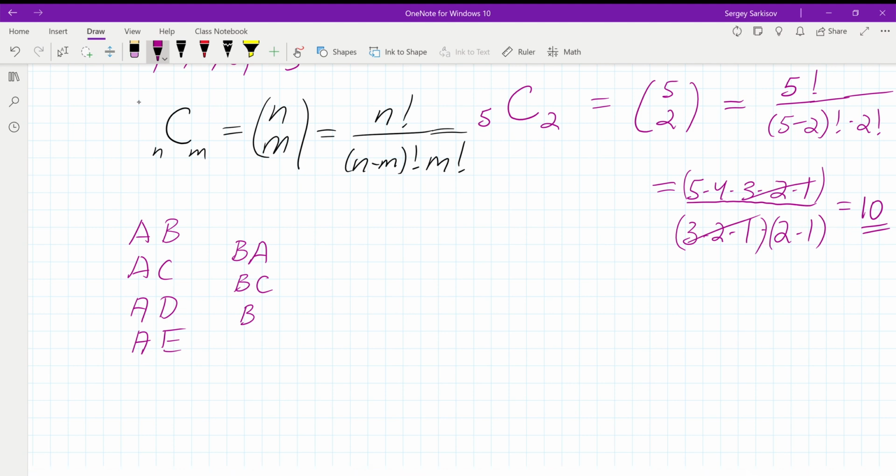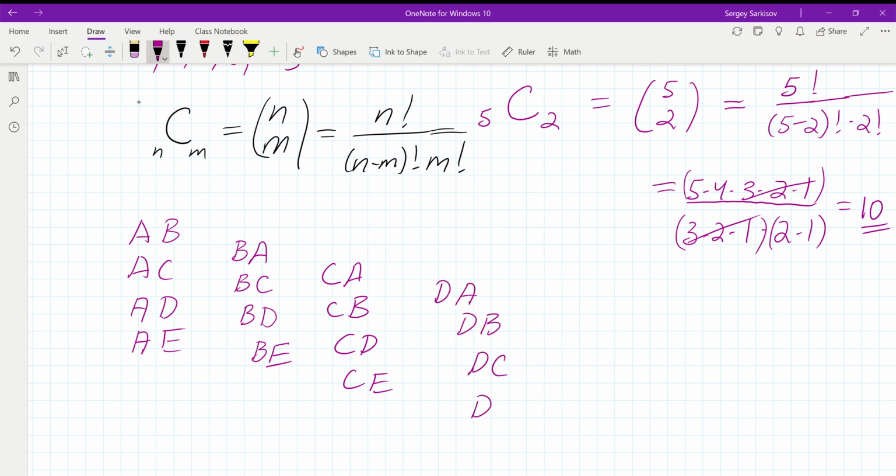So BD, BE, and then of course CA, CB, CD, CE. I'm just copying what we had above. And then DA, DB, DC, DE, and finally EA, EB, EC, ED, right?